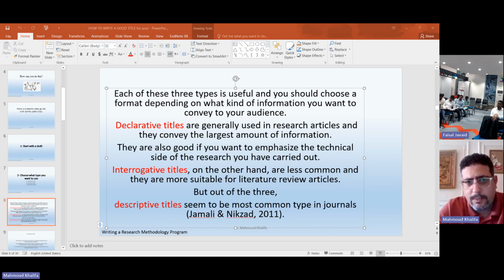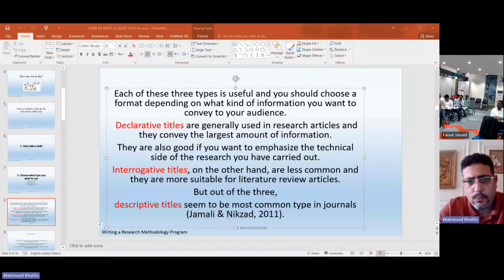If we get back to the example, we will find a large amount of information in the title. It's not suitable for social science, but you should know this type of title.